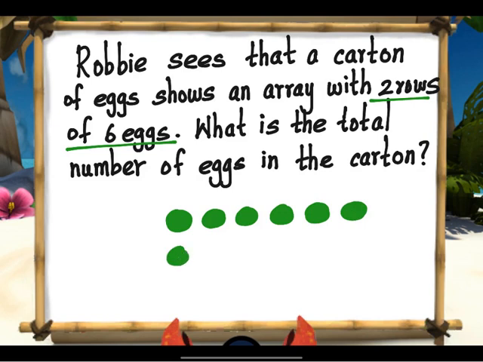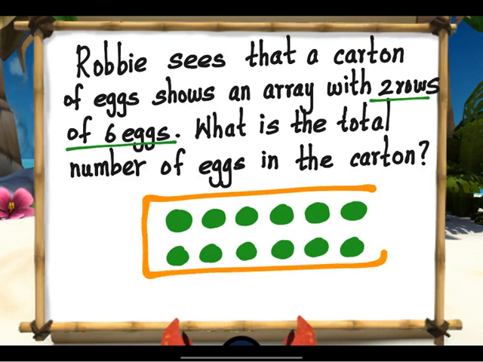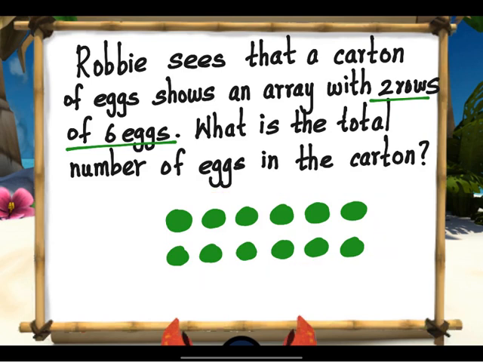The second row will be 1, 2, 3, 4, 5, 6. So if you see here in this picture, there will be 2 rows, right? So this will be the first row and this will be the second row. So 2 rows of 6. So this is an array.